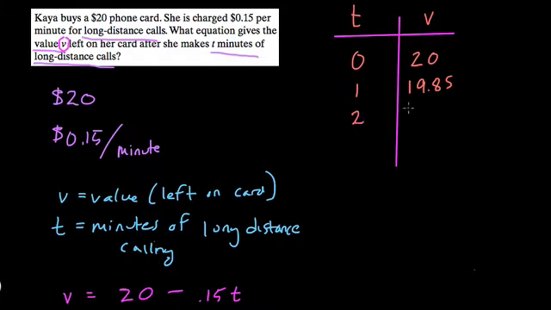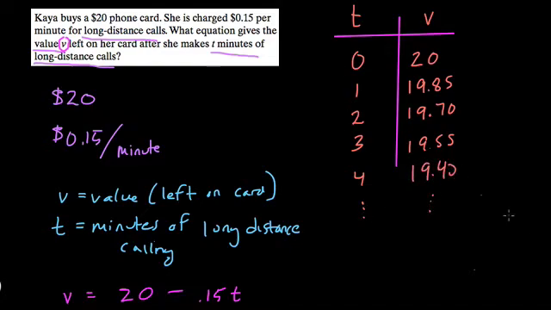After 2 minutes, take another 15 cents away, and you have $19.70 left on the card. After 3 minutes, you have $19.55 on the card. After 4 minutes, you take another 15 cents away, and you have $19.40.